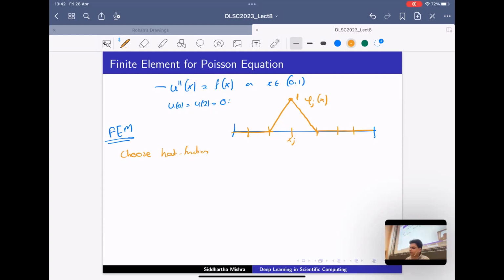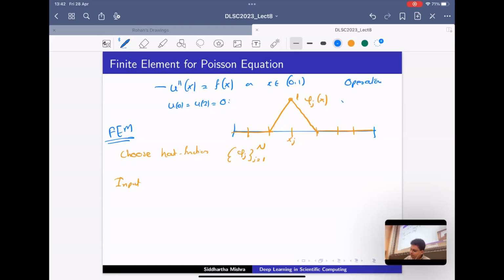This is what is called a hat function. I can write down a formula, but that's not important. So you choose all these hat functions, phi j from 1 to some capital N, depending on the number of points that you have. And then the computation is the following. The steps are the following. Your input is now, so what is the operator? I always forget to write the operator.